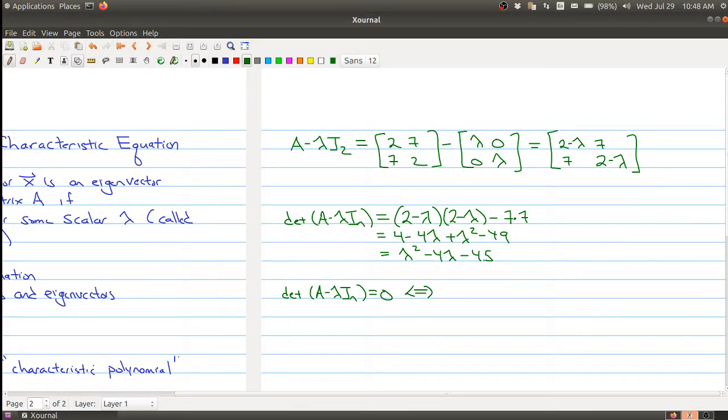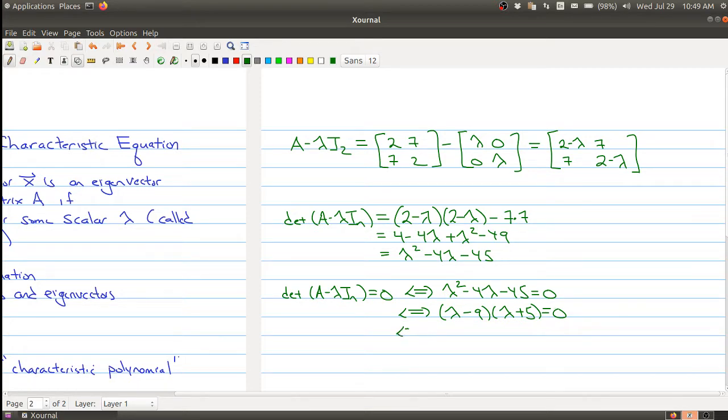That's the determinant, and what we want to know is, when does this thing equal 0? Well, this is equal to 0 if and only if lambda squared minus 4 lambda minus 45 is 0. But you can factor this as lambda minus 9 times lambda plus 5 equals 0.